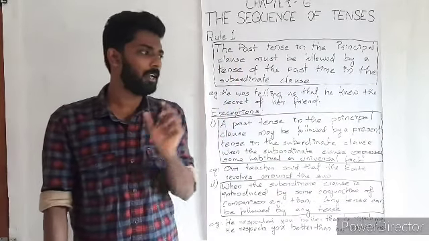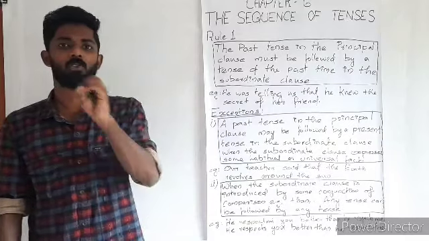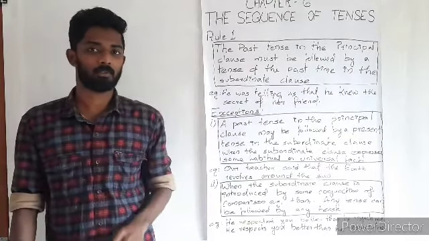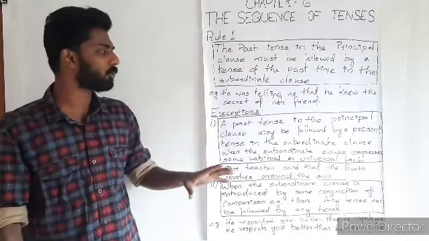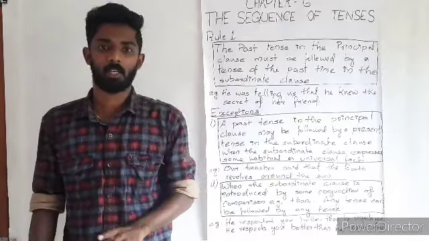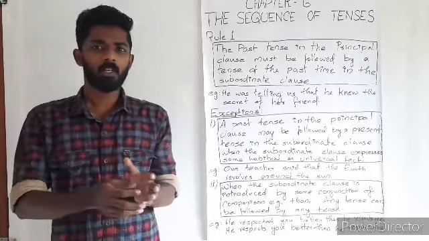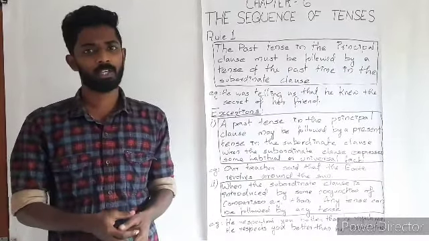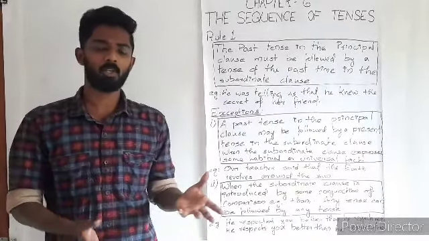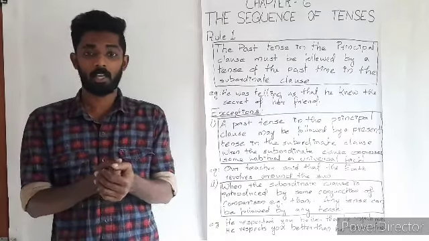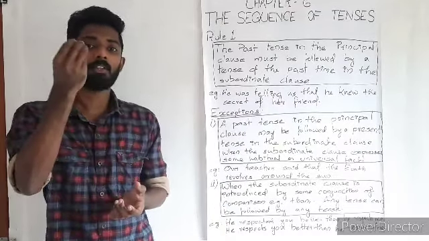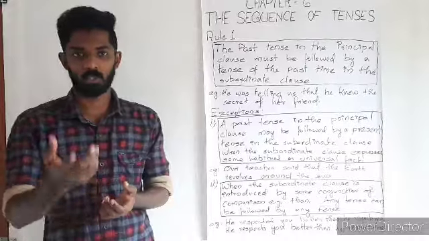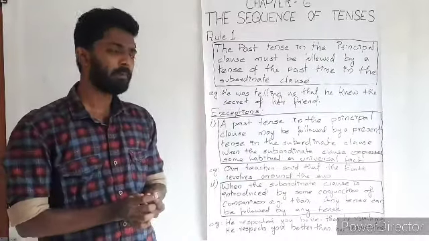We know that in every rule like this there will be some exceptions. So in this rule also there are a few exceptions. However, the following exceptions to this rule are also considered. So we will also learn about these exceptions which this rule holds. So shall we move on to it?